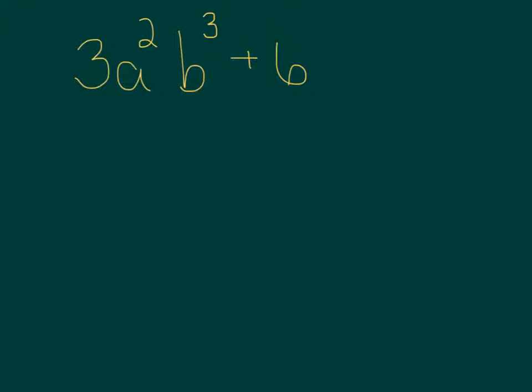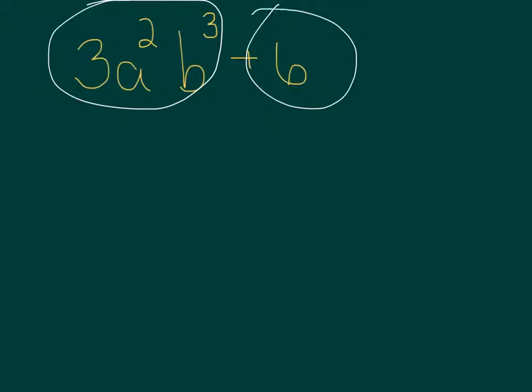This problem says find the degree of the polynomial. So you're looking at this and you have two things that are being combined here. You have two different monomials making this a polynomial, and you're combining them. So we want to find the degree of it, which means we have to find the degree of each separate one.